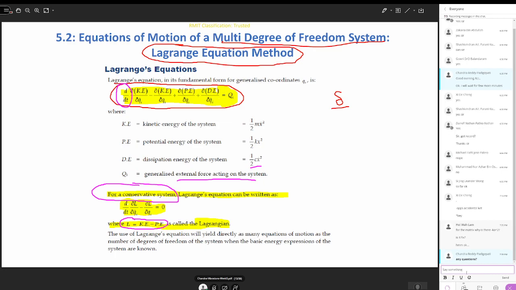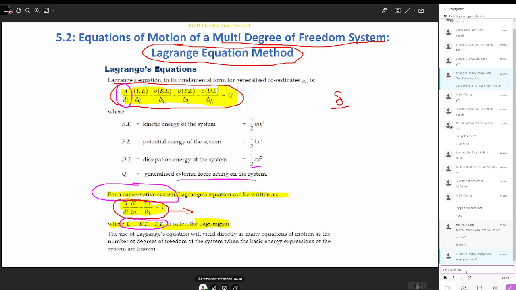Then we take the partial derivative of dou L by dou qi. This is the whole expression. So first find out what L is, then take the partial derivatives as shown by this expression.